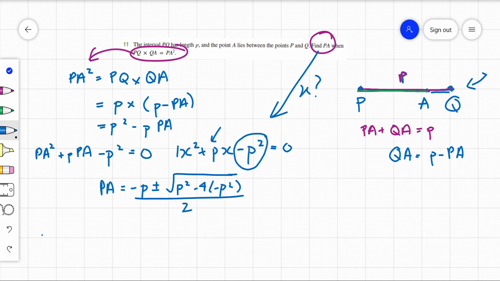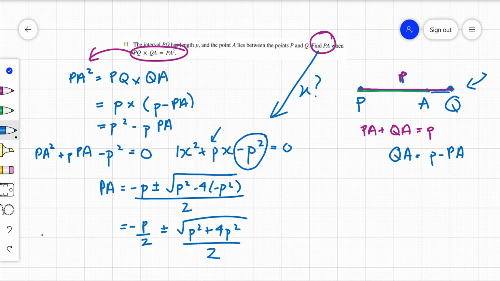If I separate that, negative 4 times negative p squared is positive 4p squared. I'll do it slowly. So we've got p squared plus 4p squared.